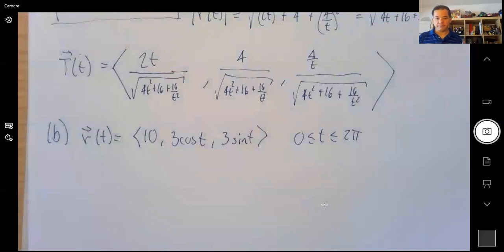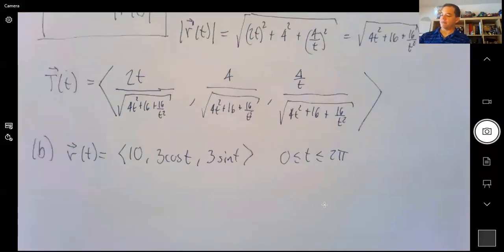Professor? Yes. I just had a question. Go ahead. When writing the answer, could we also write it as r prime of t multiplied by the scalar of the magnitude? So we don't have to write it for each individual term? Or do we have to apply it to each term?